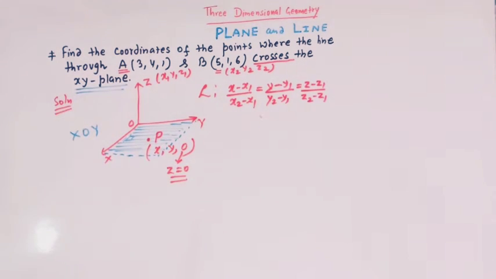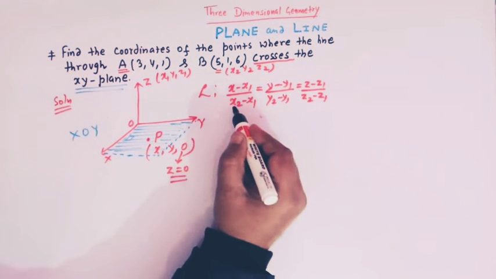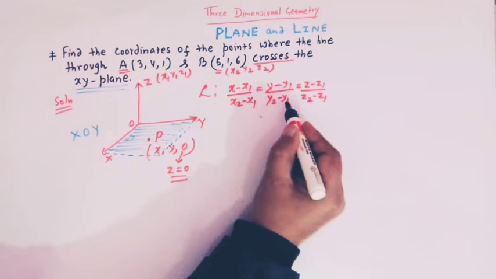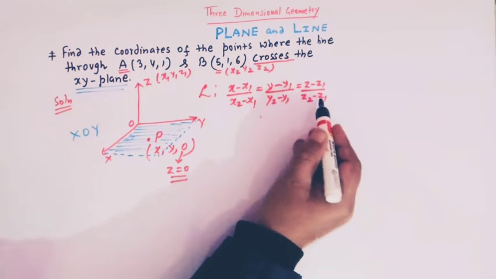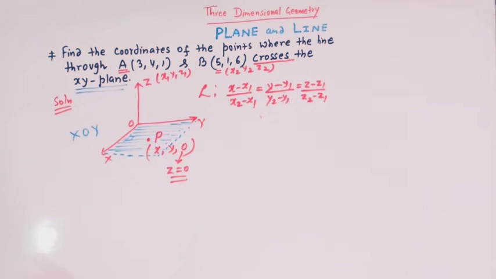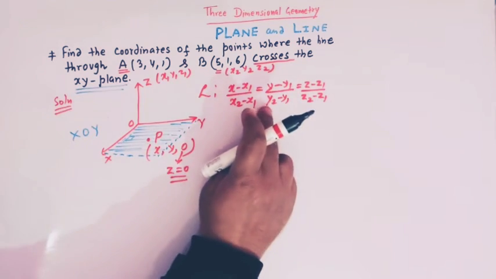Here these quantities, x2 minus x1, y2 minus y1, and z2 minus z1, are the direction ratios of the line L.